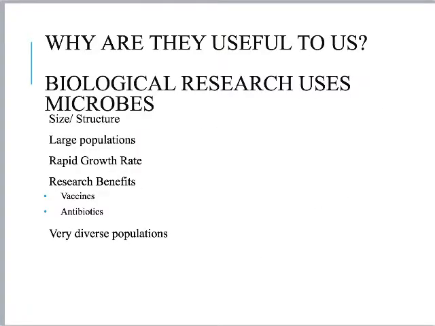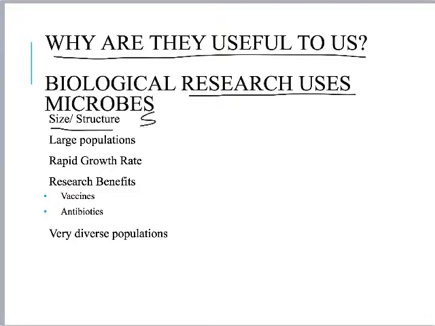So why do we use them? Why are they useful to us as humans? Besides foods, we use bacteria, for example, for research. They're very good for this because they're very small, so you don't need a lot of room to grow a lot of bacteria, and their structure is super simple.